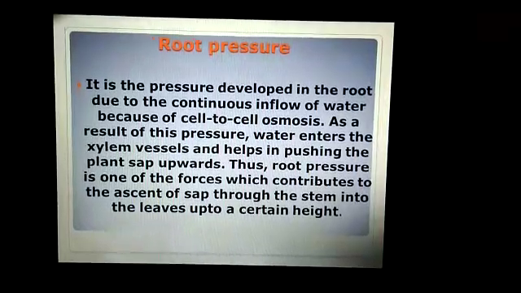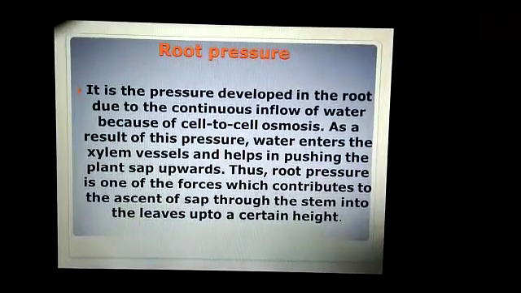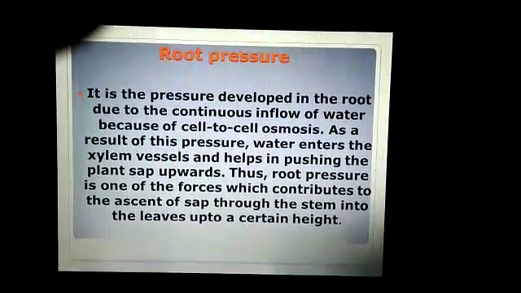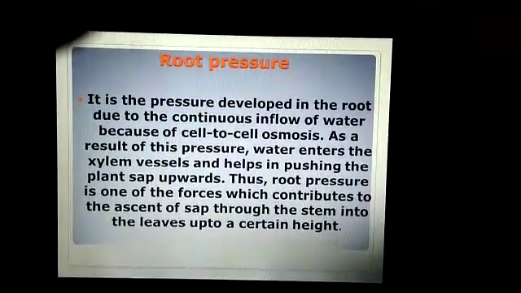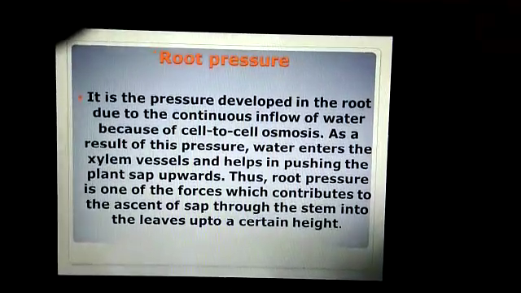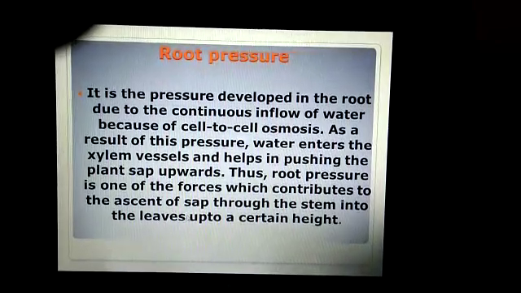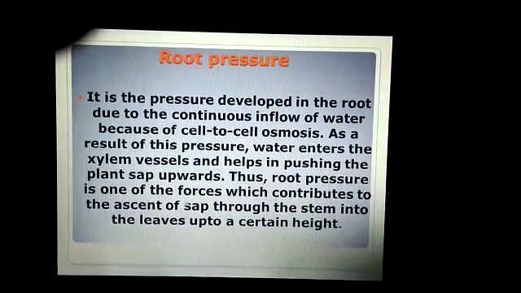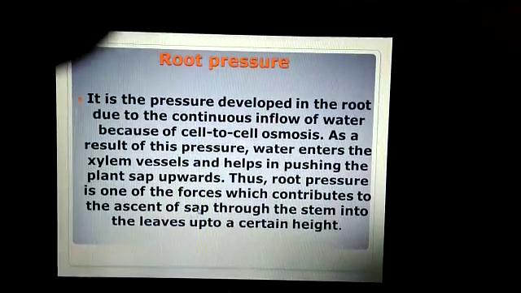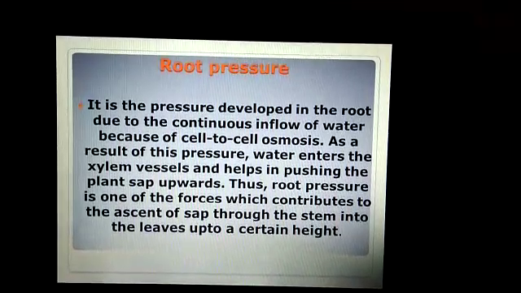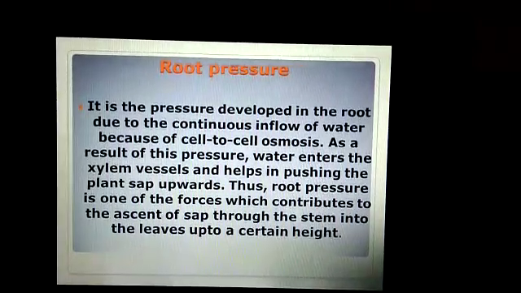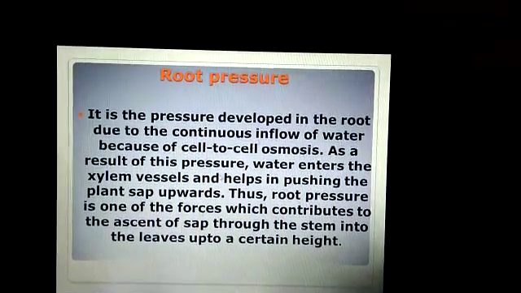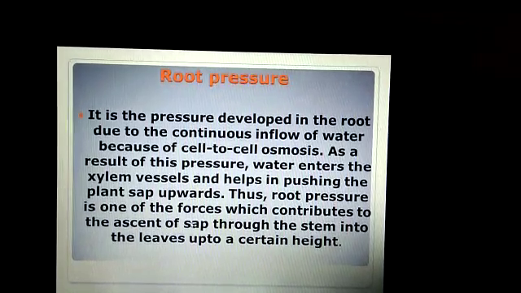Root pressure is one of the forces which helps in the transportation of sap through the stem into the leaf up to a certain height. And sap, as I told you in the previous slide, is a mixture of minerals and water, and this sap needs to be transported from the root to the upper part of the plant by a force called root pressure.